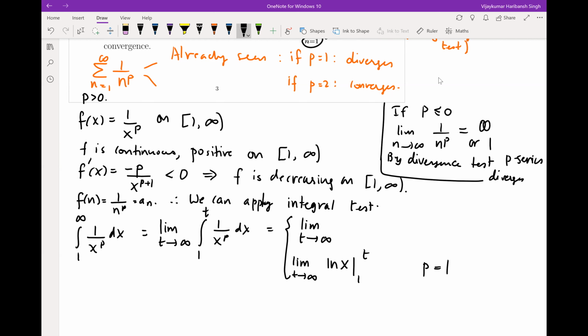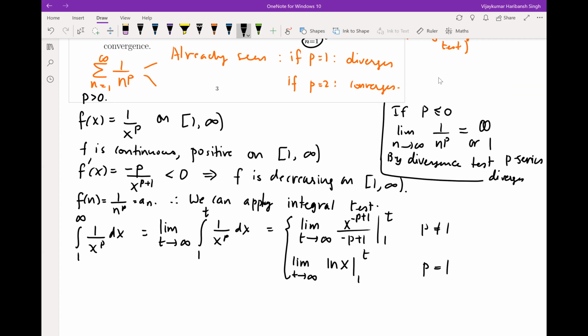And if p is not 1, then this integral is going to be x to the power minus p plus 1 upon minus p plus 1, integral 1 to t.